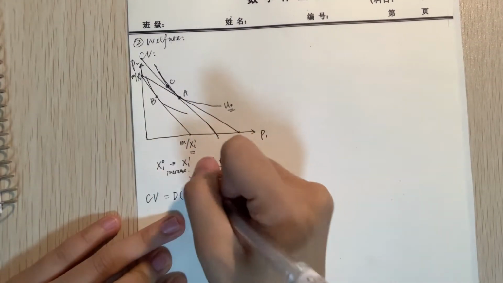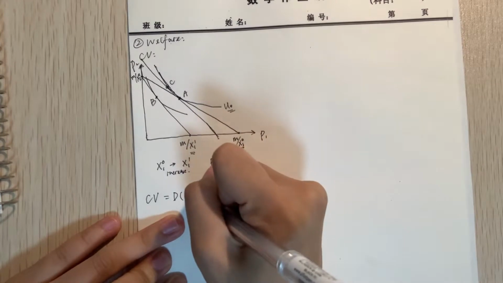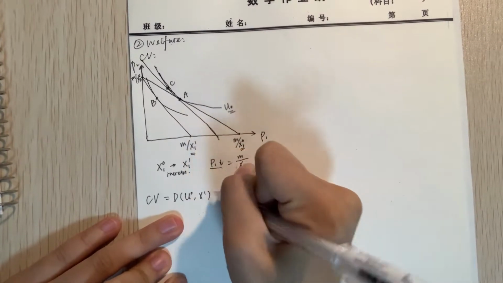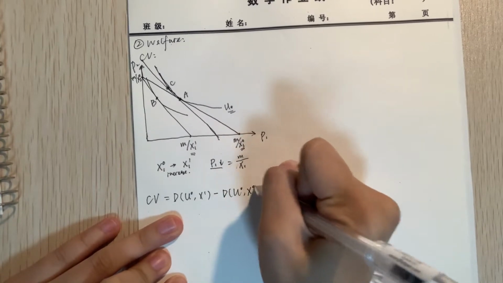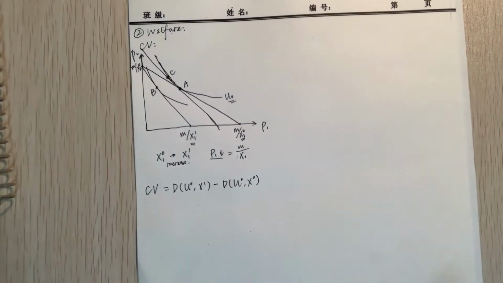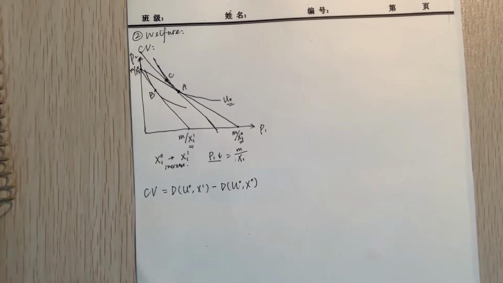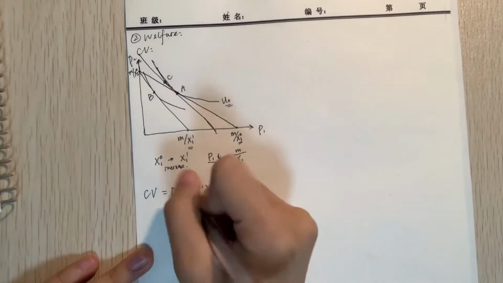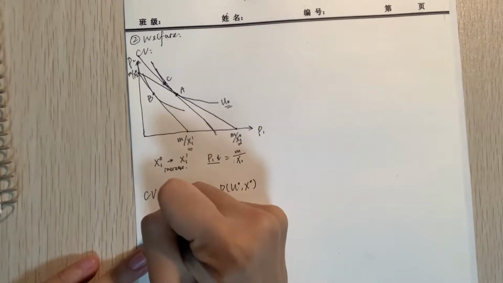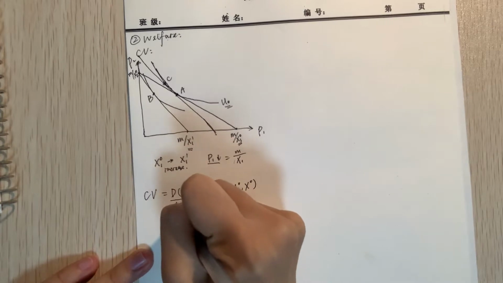This is the mathematical equation of compensating variation, where this is what Kim calls a distance function.